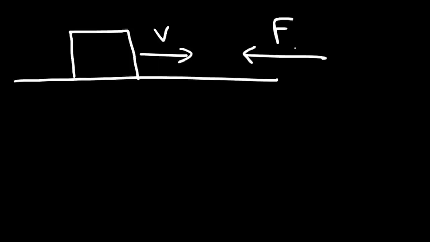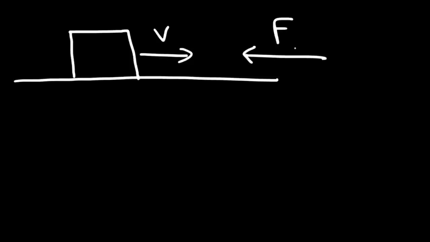And friction will do that too. If you try to slide a box across a rough surface, the box is going to come to a stop because friction will oppose the box from moving. Friction always opposes motion. It tends to slow things down.